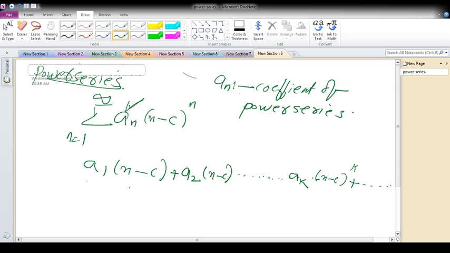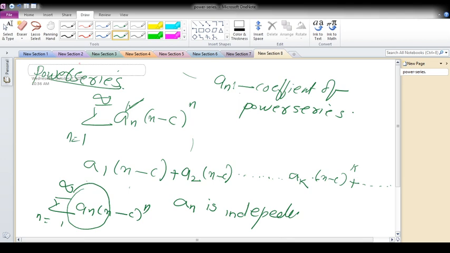One of the important things is, in the case of power series, summation a_n (x minus c) power n, n equal to 1 to infinity, this is a power series. So each of these a_n is called the coefficient of power series, and each a_n is independent of x.